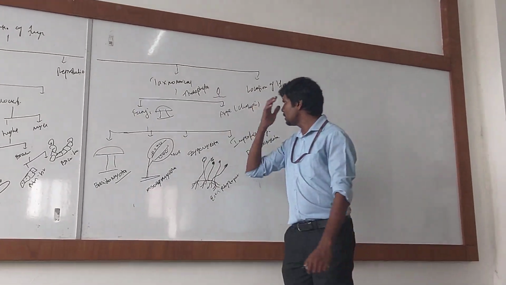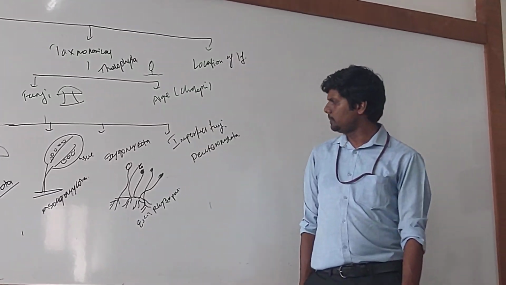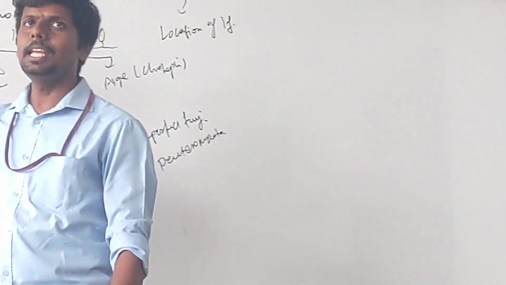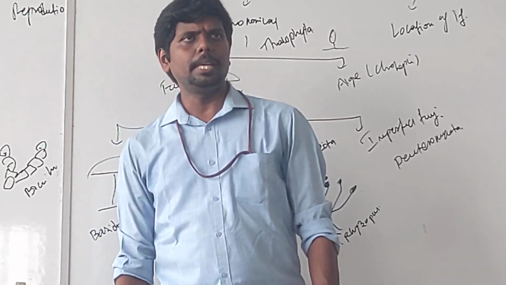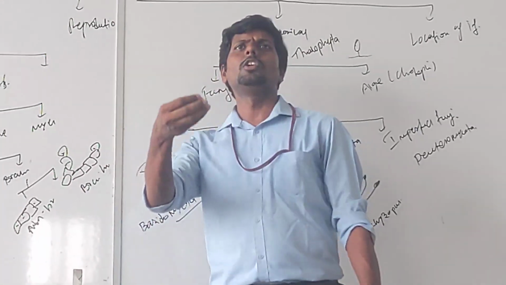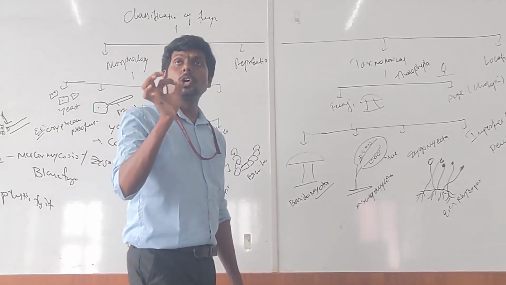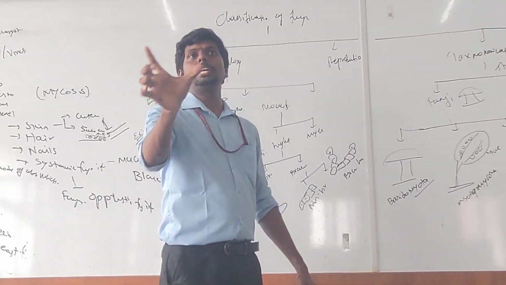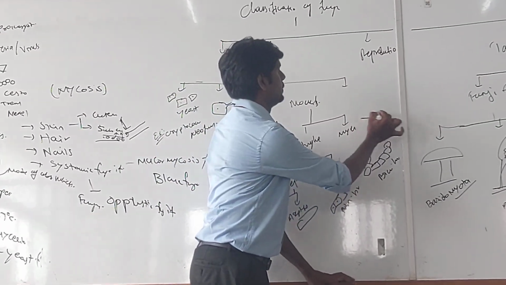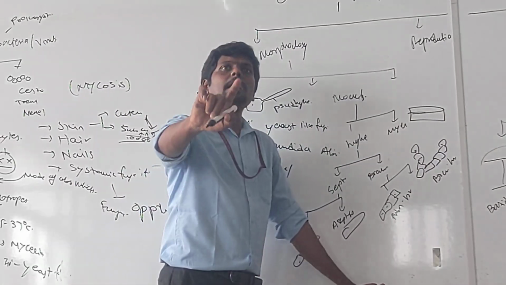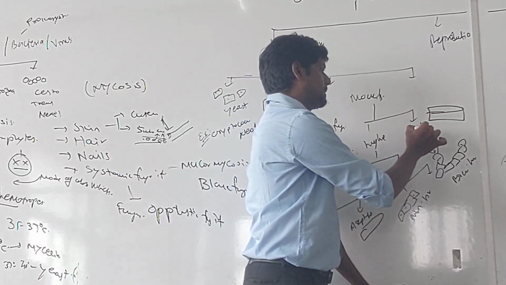Now see here. Next one, mycelium. What does mycelium mean? A group of hyphae growing together is called mycelium. Now, based on the growth of mycelium on a petri dish, mycelium is further divided into two types.